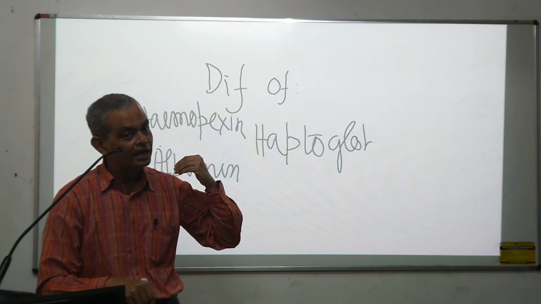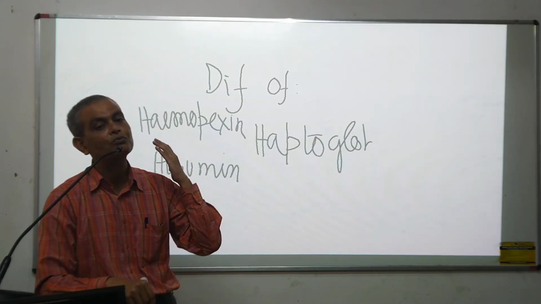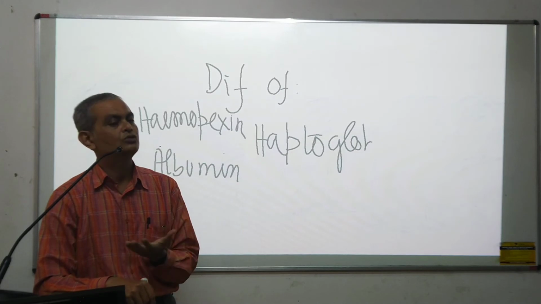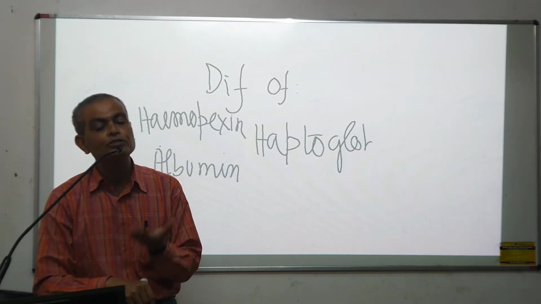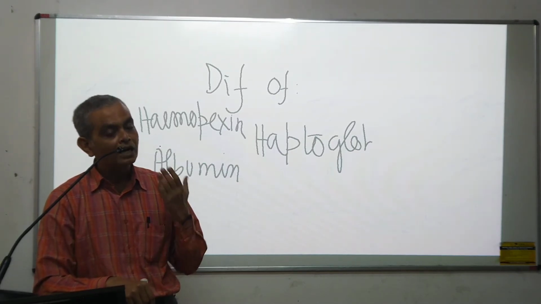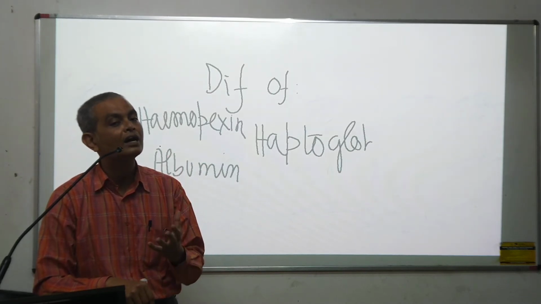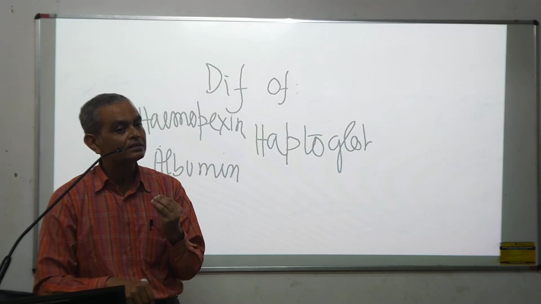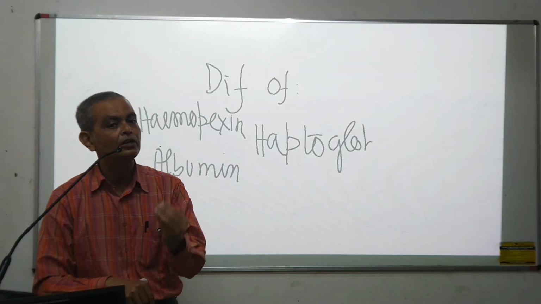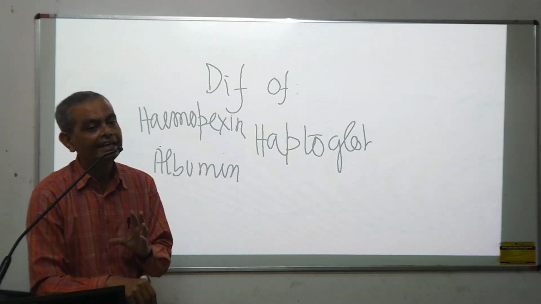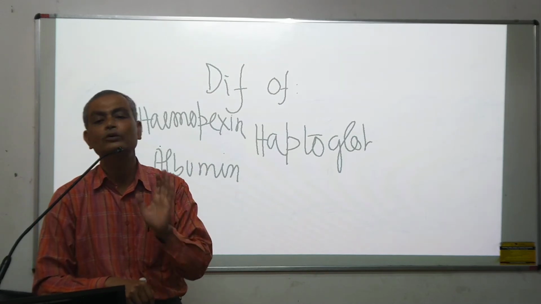Now, if the amount of hemoglobin released is much more than that, then there is no way to prevent hemoglobin passing through the kidney. So now it will come into the urine, and the urine color will be cola color. That is known as hemoglobinuria: hemoglobin in the urine.